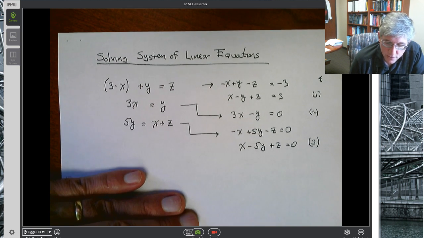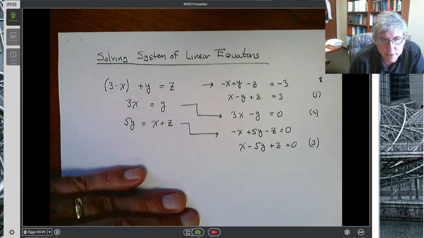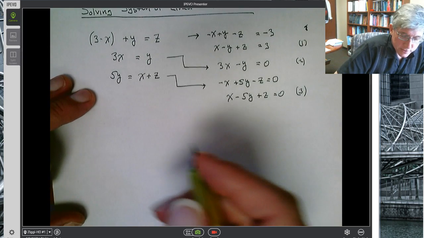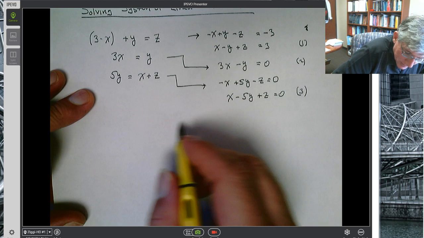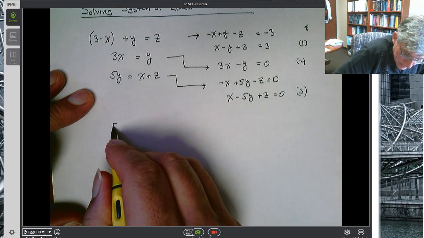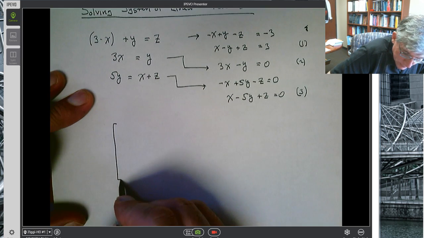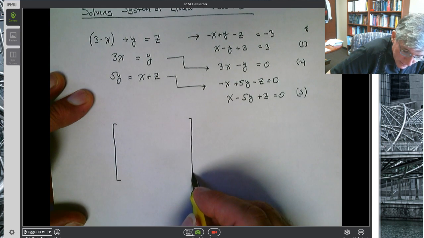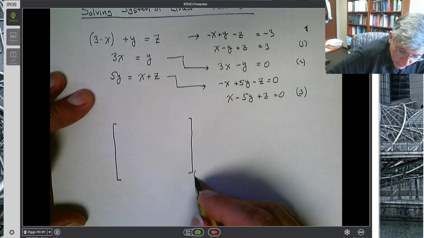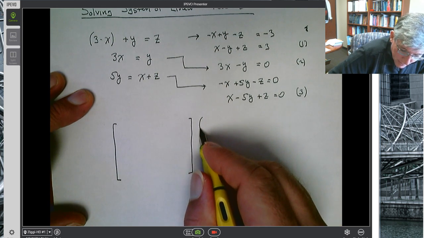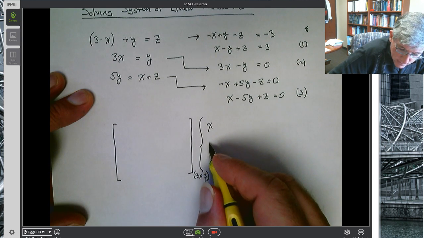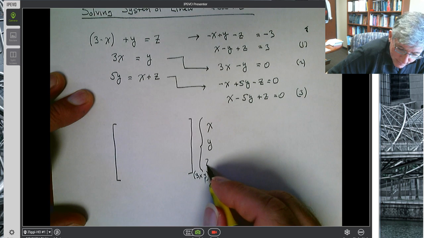All right. So now we have those pretty much set up to go. So now we need to write our matrix form. So here we go. The coefficient matrix, or in this class we're going to be calling this a stiffness matrix, is going to be a 3 by 3, right? And that's going to get multiplied by the unknowns. So that's going to be x, y, and z.